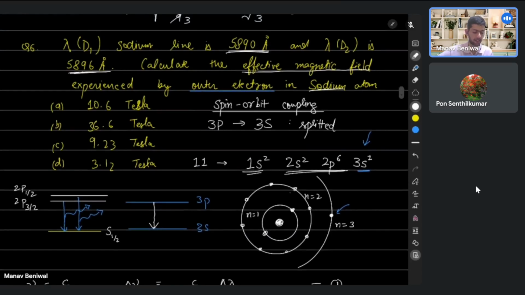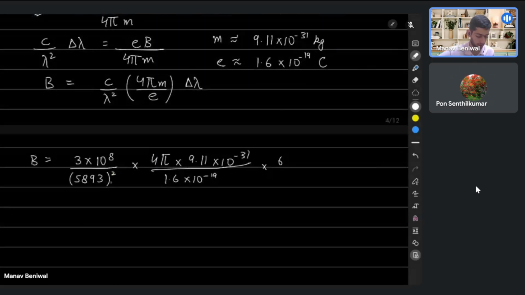This is 96 and this is 90, so this will be 6 angstroms, right? So into 6. Now this was in angstroms, so we should have written 10 to the minus 10 here. Okay, so this will be the magnetic field.